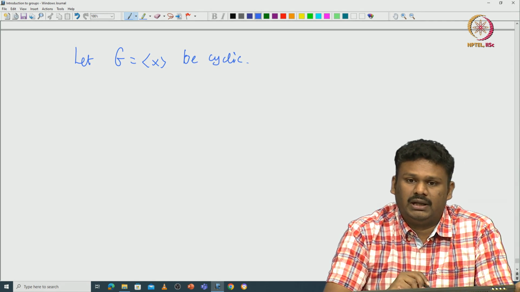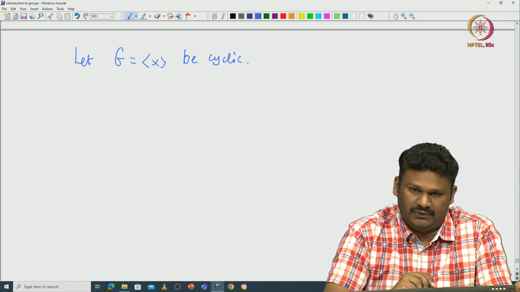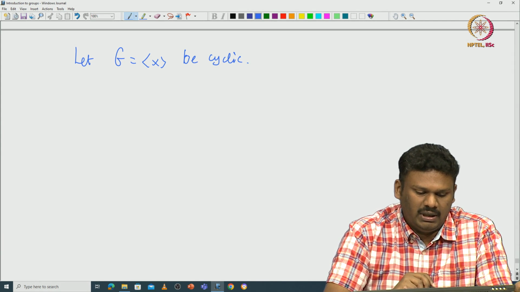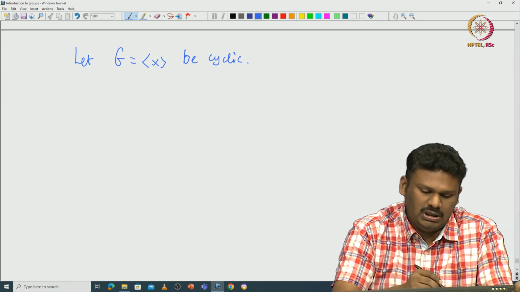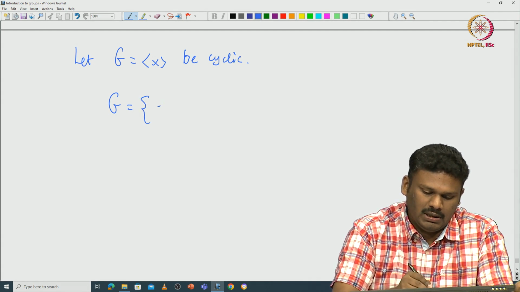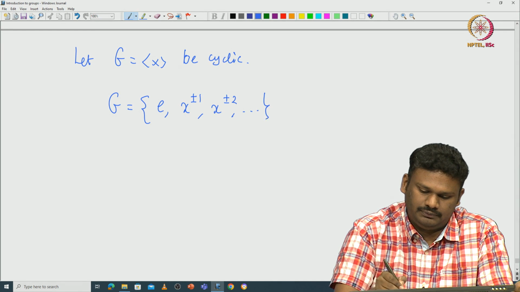Now there are two cases: the order of X is finite, or the order of X is infinite. Once you are given G, you know that G looks like this. The elements of G are identity, X plus or minus 1, X plus or minus 2 and so on.